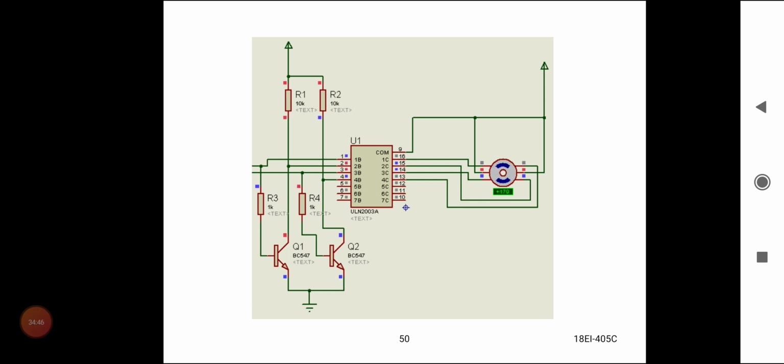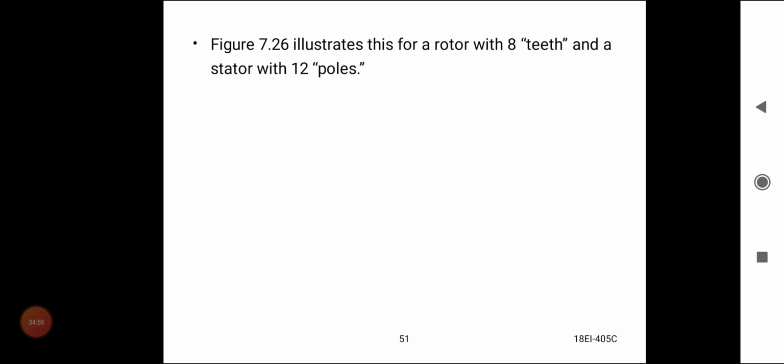The positions are 90 degrees, 180 degrees, 270 degrees, and 360 degrees. The figure illustrates this for a rotor with 8 teeth and a stator with 12 poles. Here it contains 8 teeth and a stator with 12 poles.